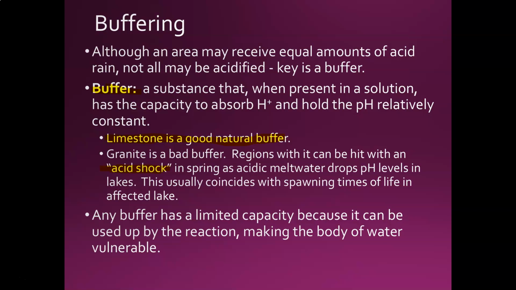And that's the spawning times. So things in the lake are spawning. They're laying a bunch of eggs, and those eggs are very susceptible to changes in pH. So if there's suddenly a huge increase in meltwater that comes in, that pH is going to drop suddenly, and that's going to affect the eggs, which could seriously reduce the number of fish babies that are actually being born.